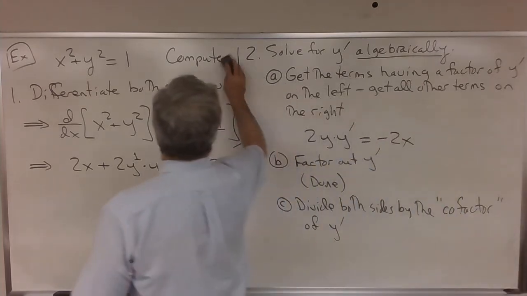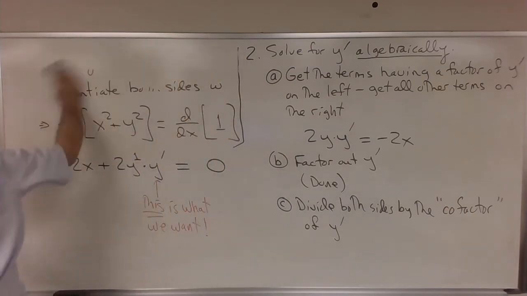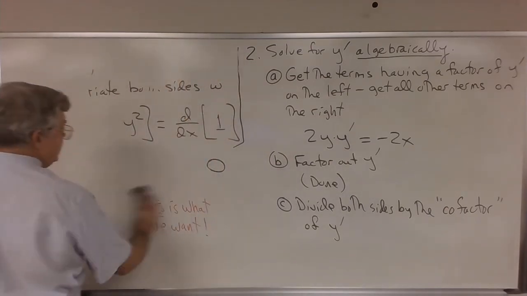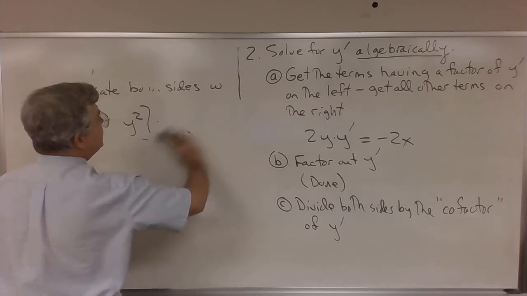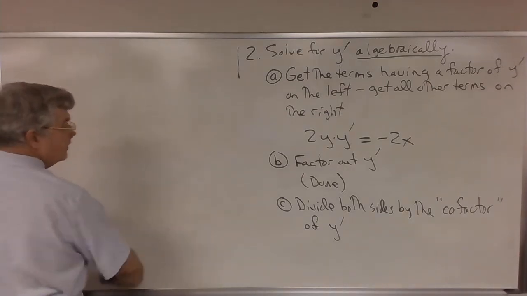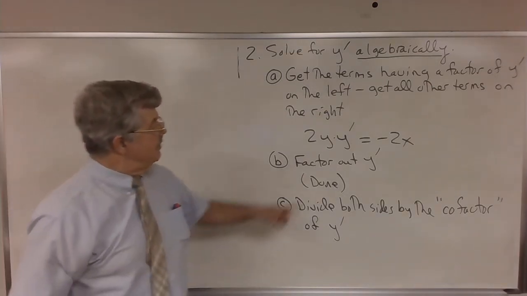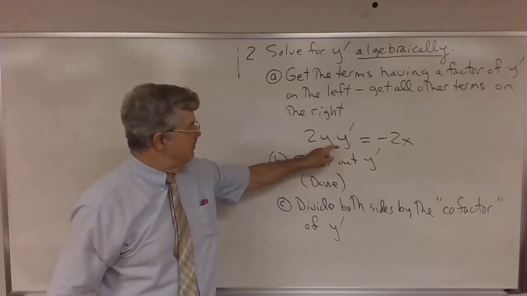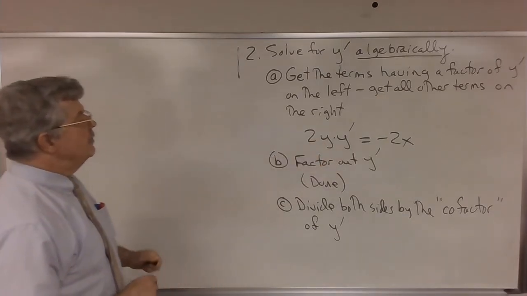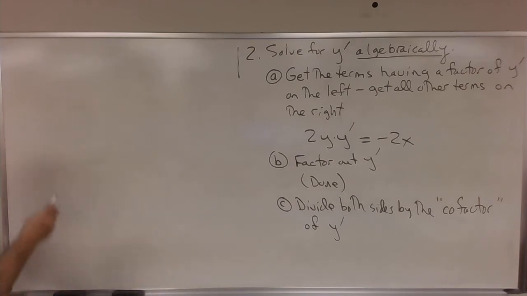So, our last step, divide both sides of the equation by the cofactor of y prime. So that is, we divide both sides by 2y.